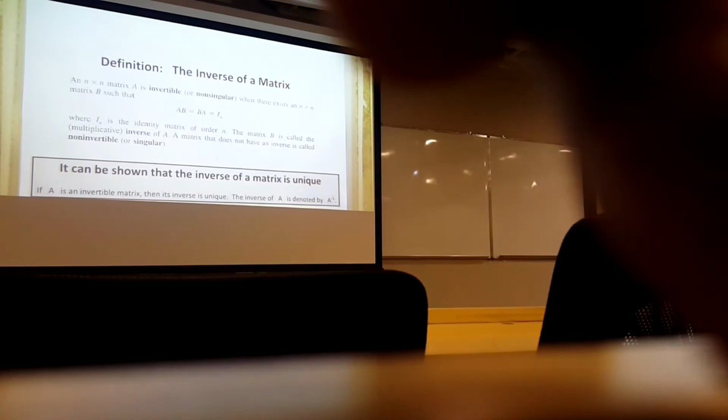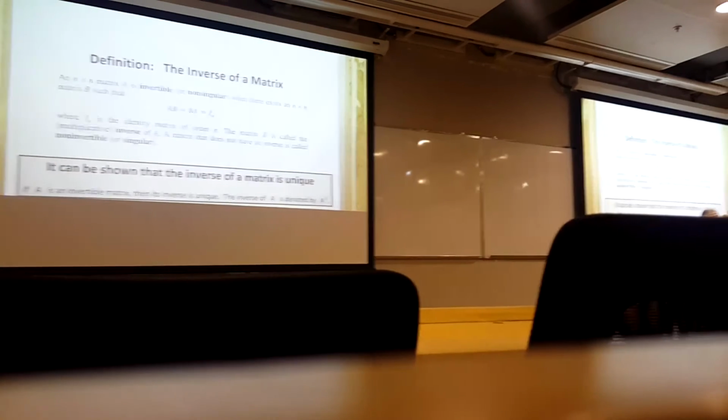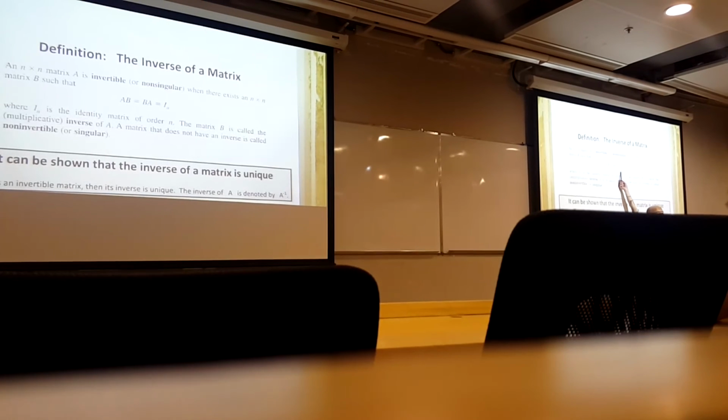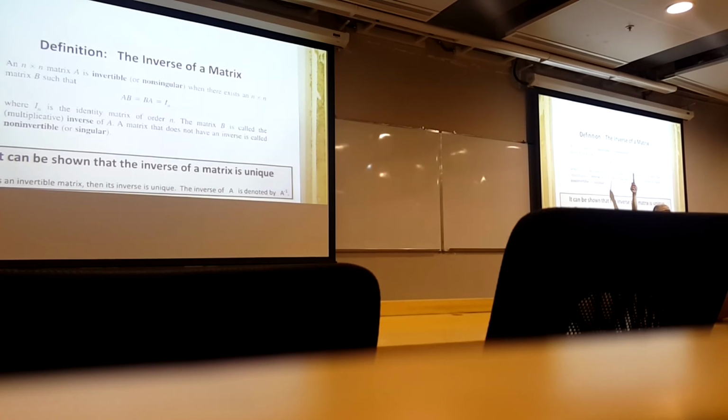Just like when you multiply by positive 1 to a number, you do not do any multiplication. Same as the identity matrix. You multiply the identity matrix to whatever matrix, it does not change it, as if you have not done the multiplication.